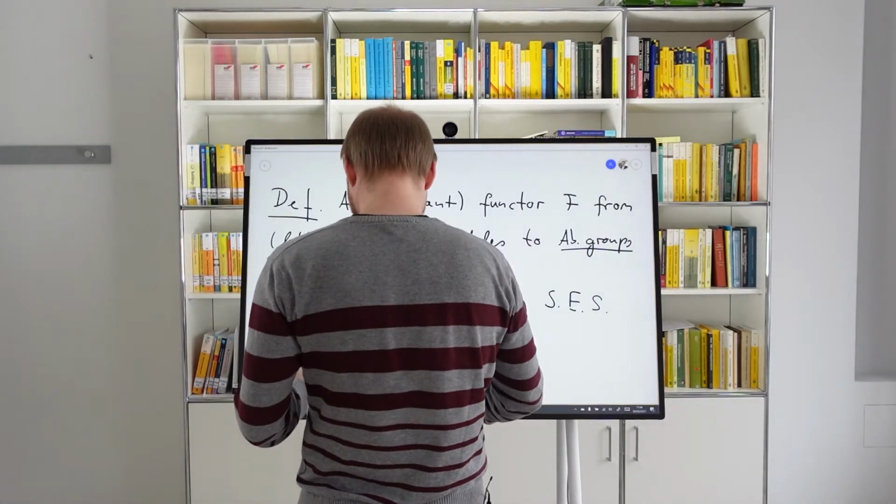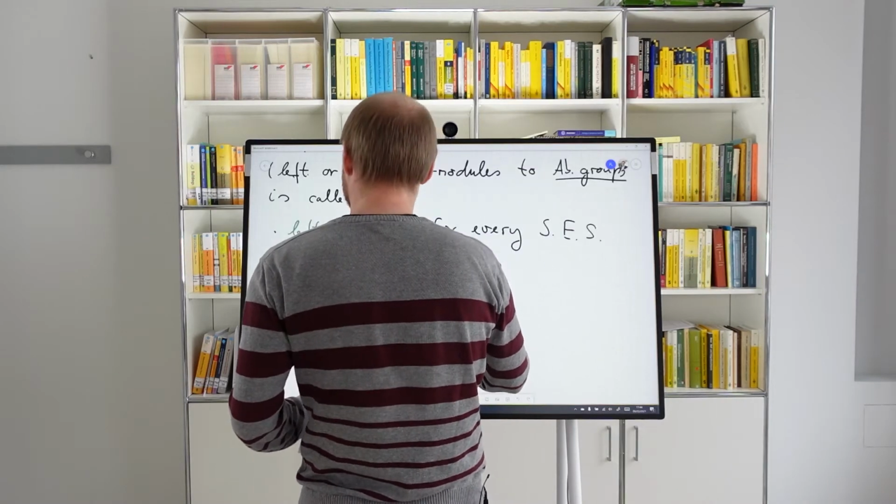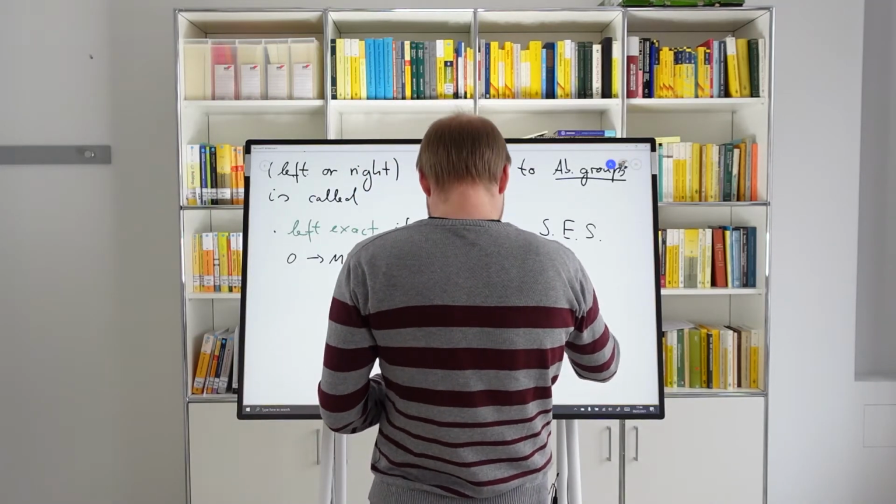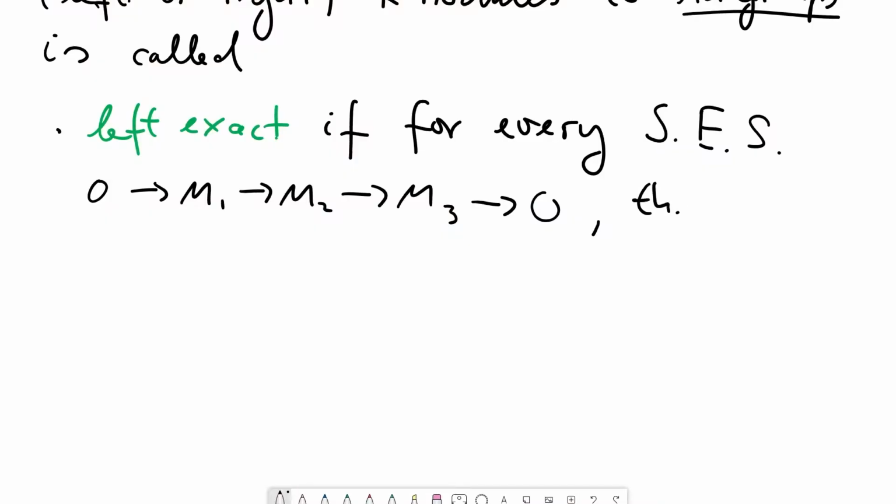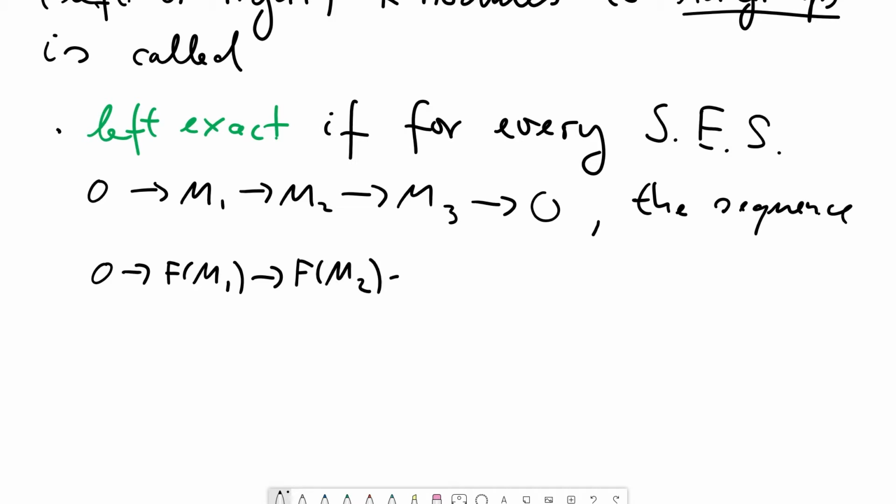So if for every such short exact sequence, the sequence zero, F of M1, F of M2, F of M3. And now I finish. This one is exact.